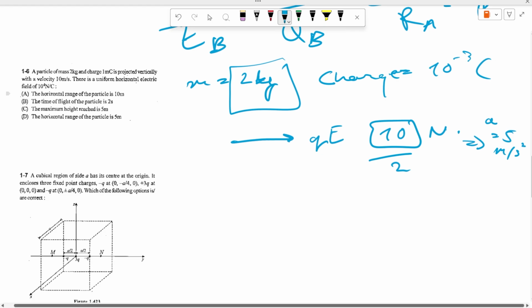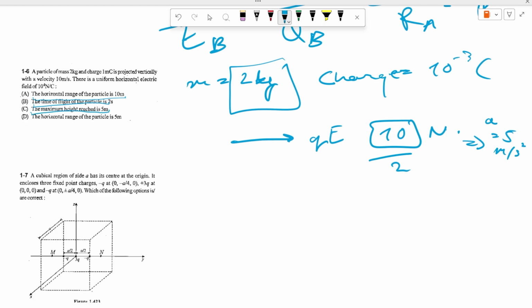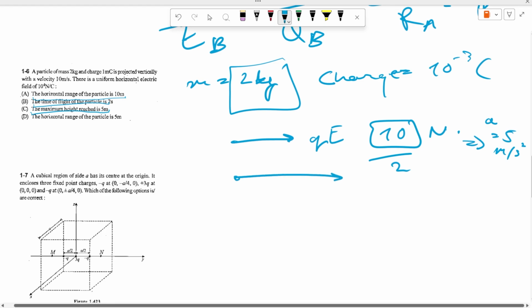Now all we got to do is calculate the horizontal range of the particle, the time of flight of the particle, and the maximum height of the particle. The horizontal thing is okay. We just need to check for this. The time is correct.